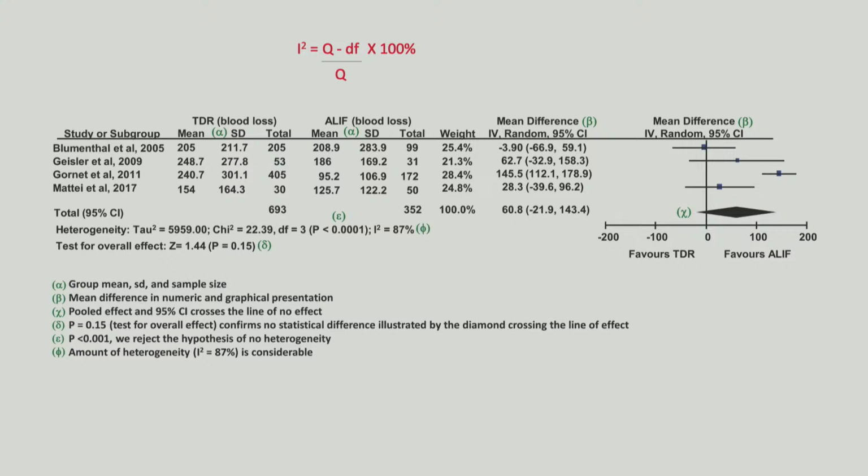And if you just see the graph also, you can see from 0 to 100 and probably it lies somewhere around 60.8, right? So the center of the diamond represents that. The sides, the corners of the diamond represent the confidence interval. Minus 21.9, you see the diamond is crossing the line of no effect, and to 143.4, which is towards the extreme end of the diamond, right?